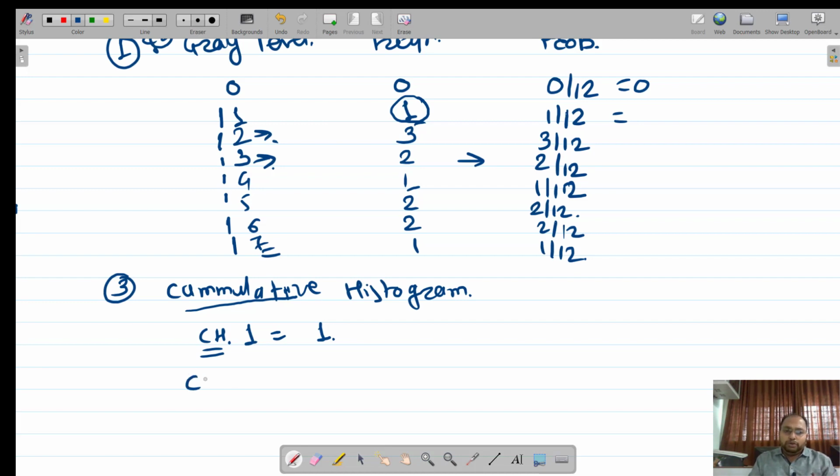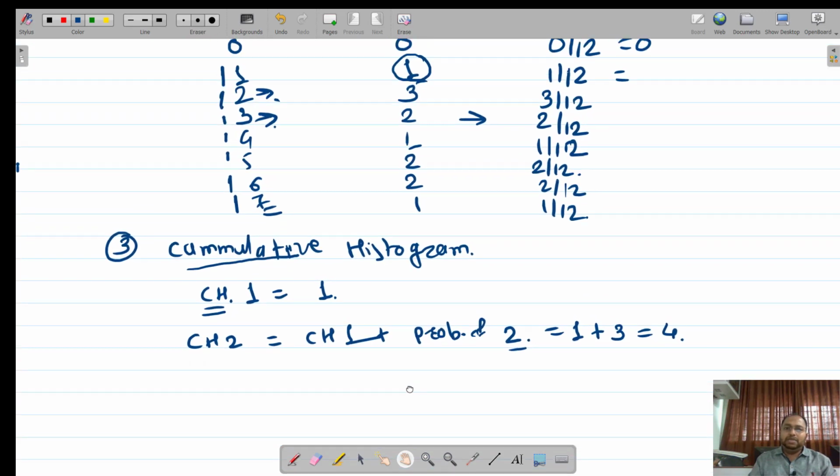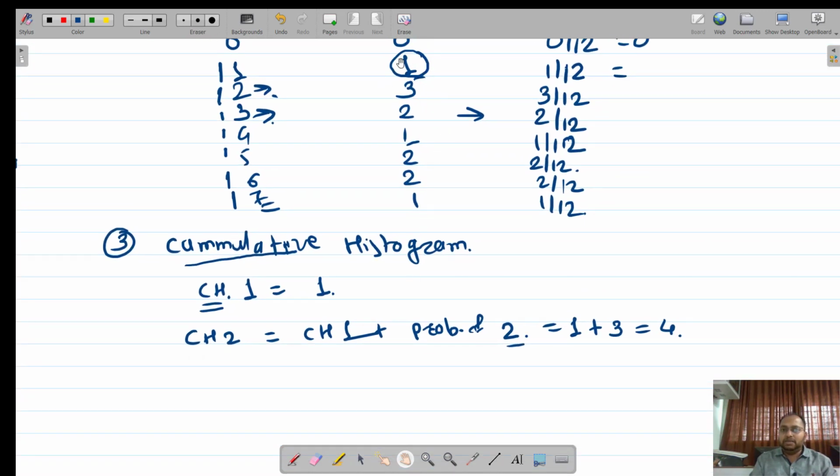Now the cumulative histogram of 2 is the cumulative histogram of 1 plus the occurrence of 2. The cumulative histogram of 1 is 1 and the occurrence of 2 is 3, so the cumulative histogram of 2 is 4. Are you getting it? Simply it is the addition of these two numbers, 1 plus 3.